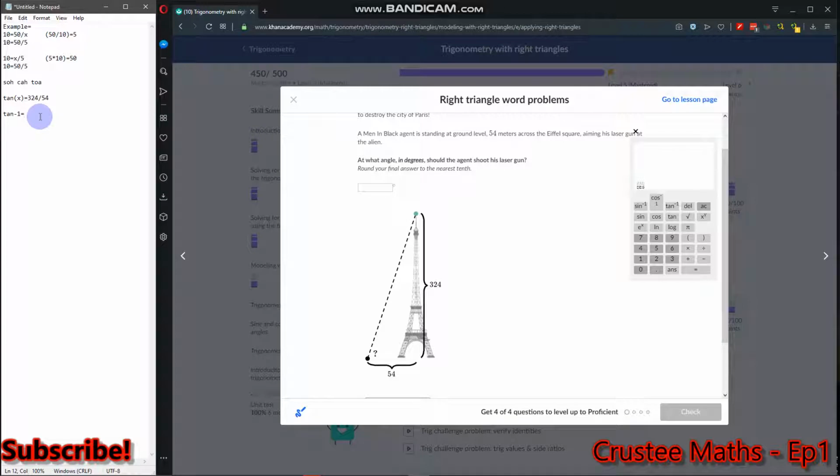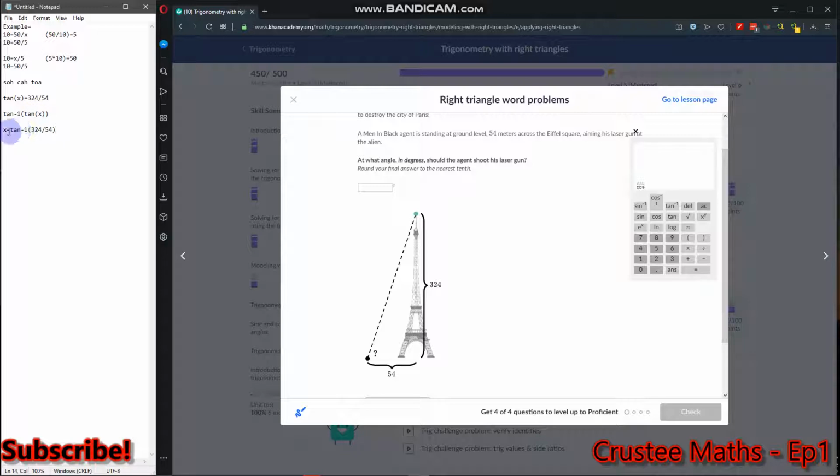Inverse tangent of tangent x is basically saying that we're going to remove the tangent, the tangent to the power of -1 and the tangent, which leaves us with x is equal to tangent to the power of -1, which is basically inverse tangent of 324 over 54.